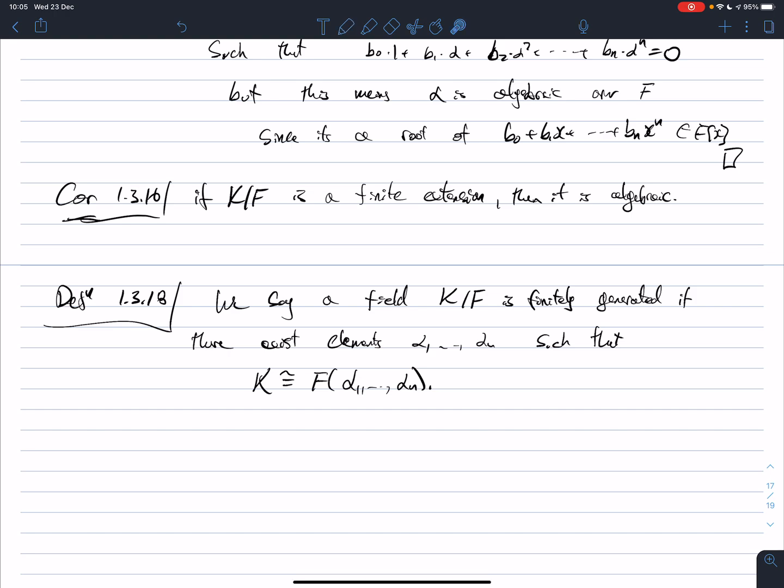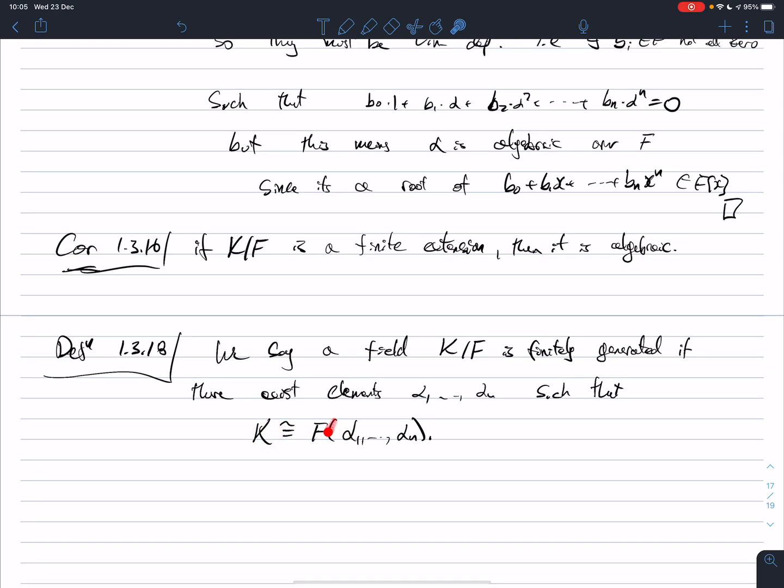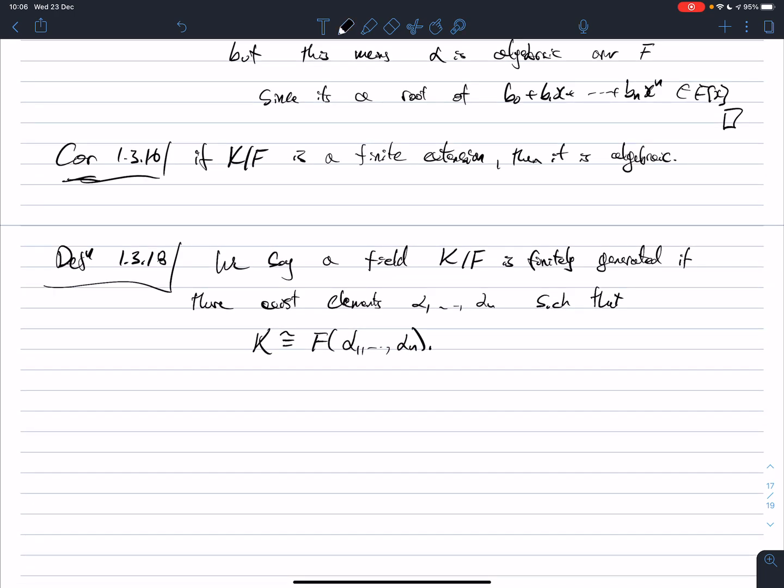We've already seen this, but I'm just giving it a name. The fields that you get by adjoining a bunch of elements, say some algebraic numbers, will be the ones that we call finitely generated. So if you can get K by just taking F and slowly adjoining elements, we call it finitely generated.